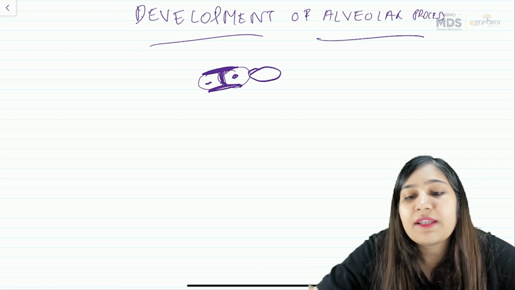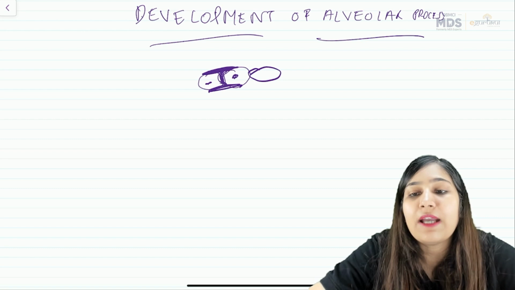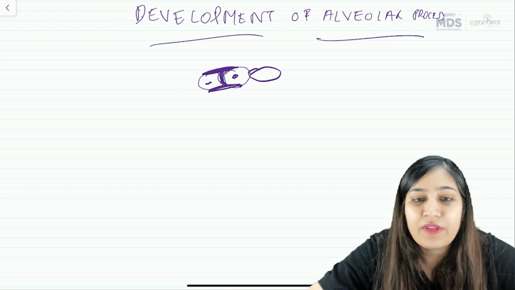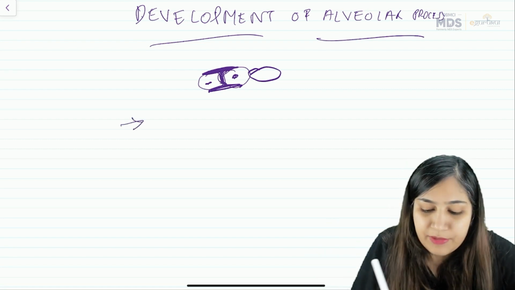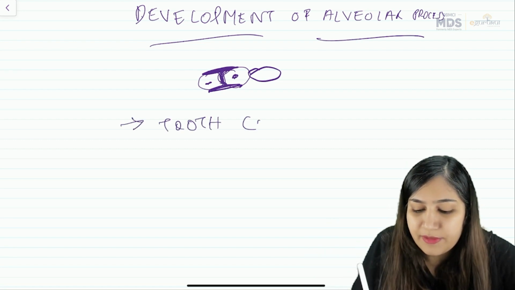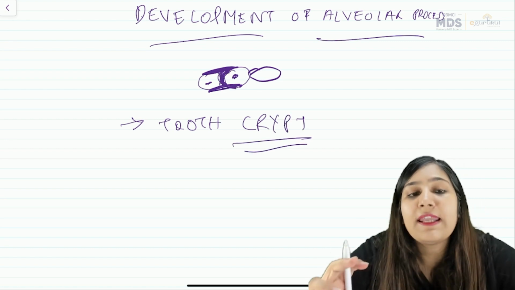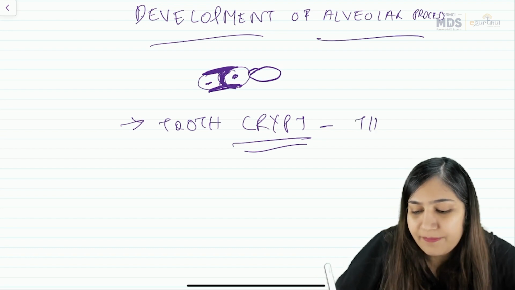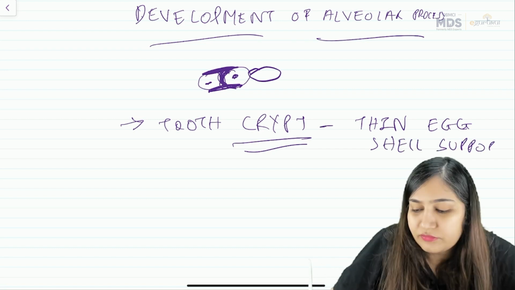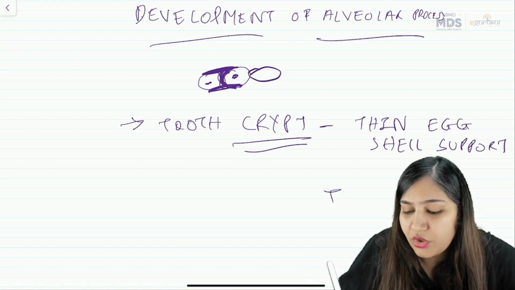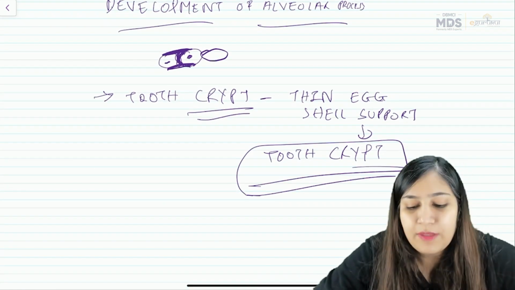So bony septa separate the tooth germs from one another, keeping the individual tooth germ in a clearly outlined bony compartment. This bone forms a thin eggshell of support, which is known as the tooth crypt, around the tooth germs. So the alveolar process is mainly tooth dependent.